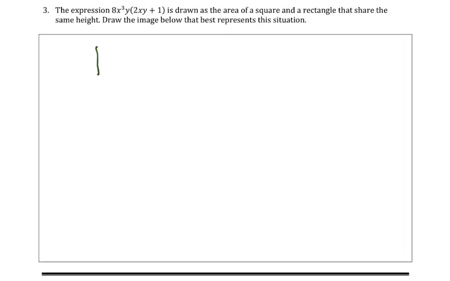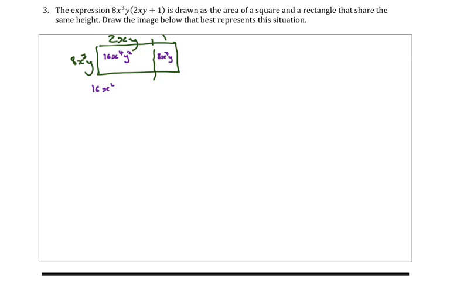Okay, the final question here, a really challenging question. To begin with, we could draw, if we wanted to, this as the area of two rectangles stacked together. If we do the expansion here, we're going to get 16x to the 4 y squared, and then 8x cubed y.